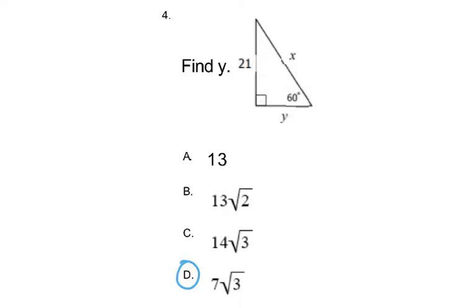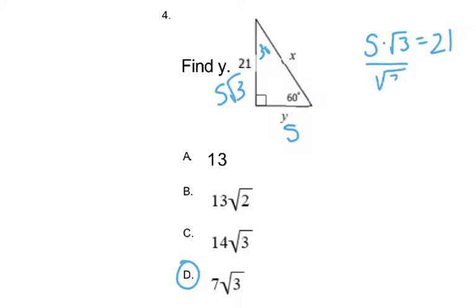Alright, so for number 4, we're doing a 30, 60, 90 again. I'm finding y, and this is 30 degrees. Y is my shorter side. So remember, if this is s, then this is s times the square root of 3. So I know something times the square root of 3 gave me 21.